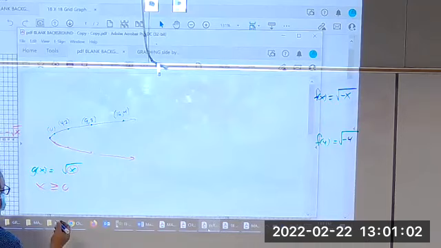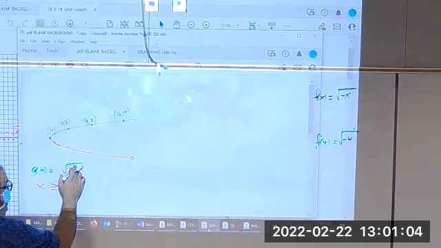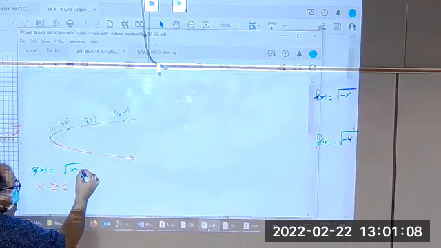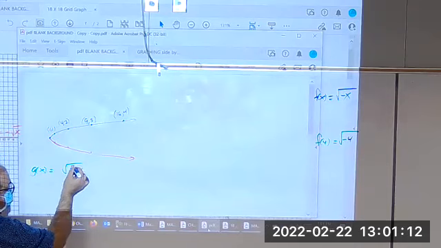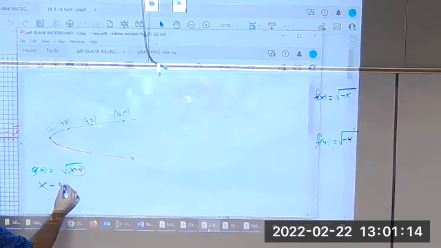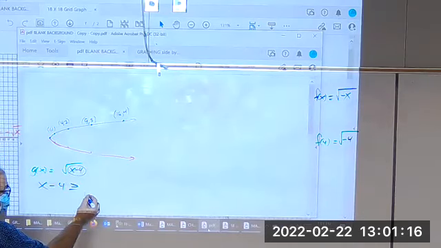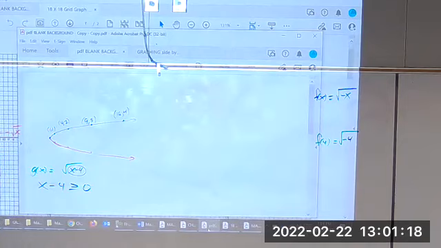So if it was g of x equals the square root of x minus 4, then we would say, all right, this x minus 4 has to be greater than or equal to 0. What's inside has to be bigger than a 0. Can't be a negative. Then you add 4.